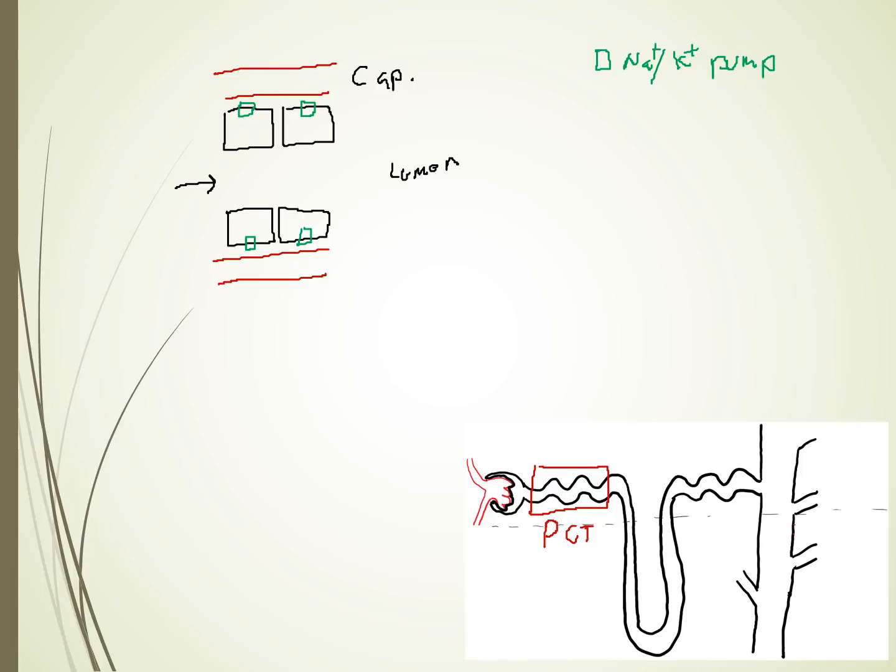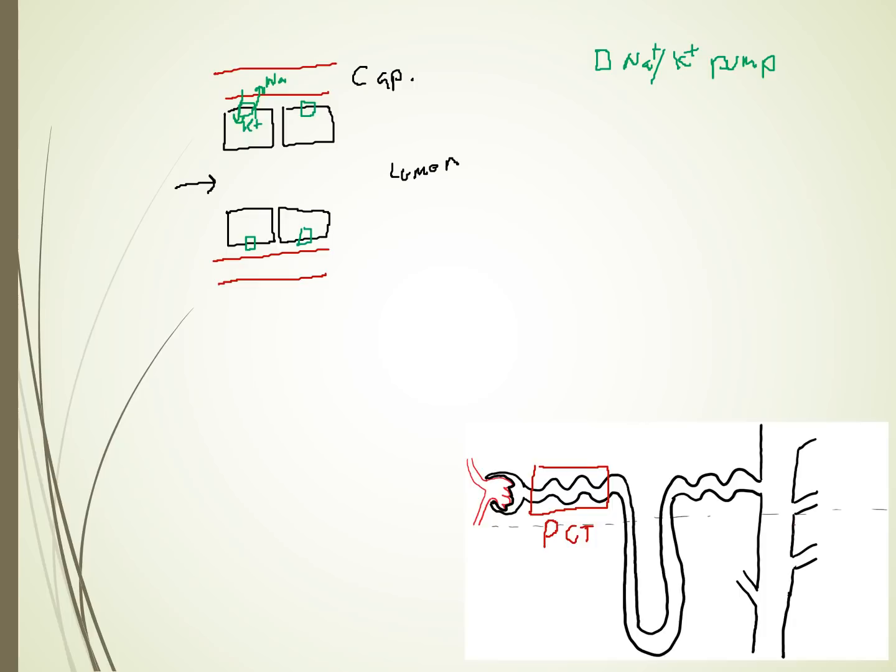If you remember, what that's going to do is pump sodium out of the cell in exchange for potassium inside the cell. Ultimately, the goal is that the sodium levels inside the cell will be very, very low.